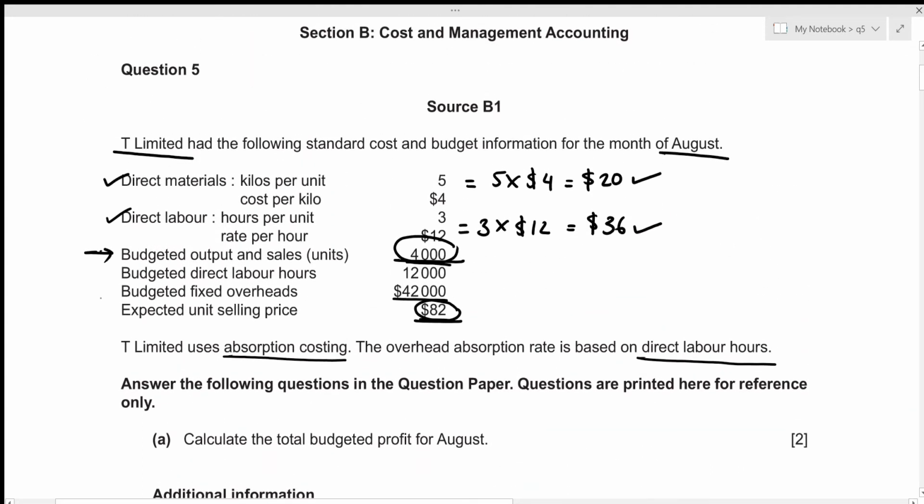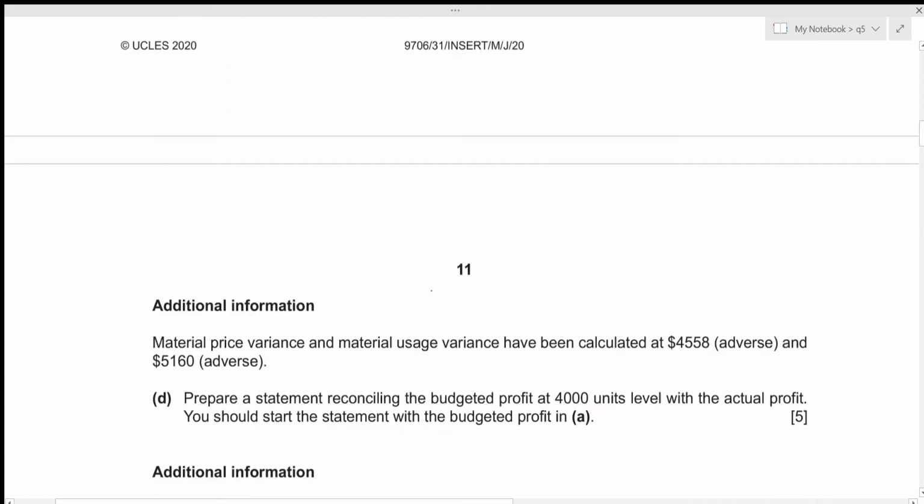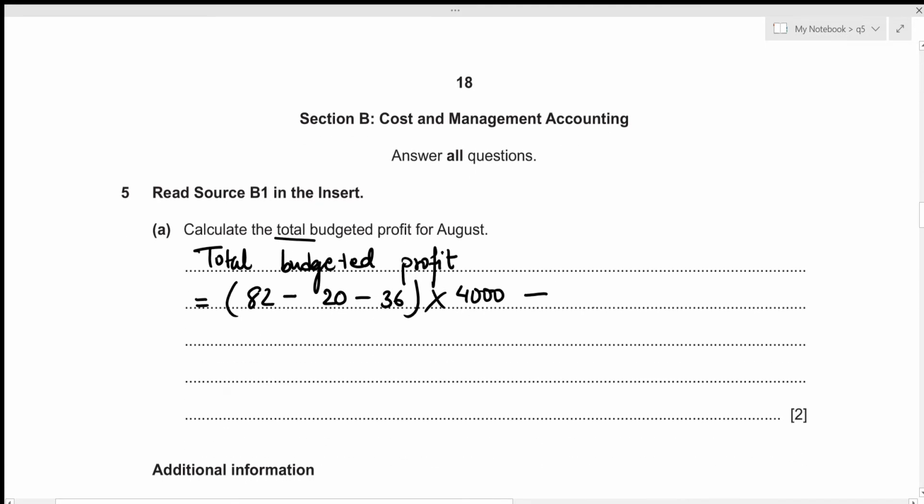And we're given the budgeted fixed overheads right here, which is 42,000. So let's subtract this. That is 42,000. Alright, so this gives our total budgeted profit to be 82 minus 20 minus 36 times 4,000, minus 42,000, which results in the profit for the month of August to be 62,000. This concludes the first part of this question.